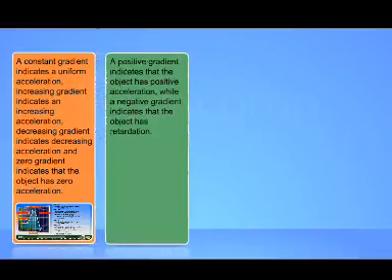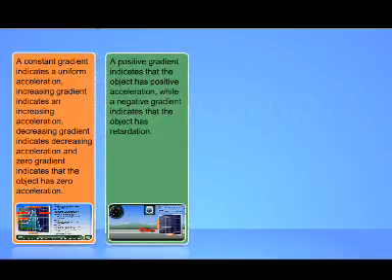A constant gradient indicates a uniform acceleration. Increasing gradient indicates an increasing acceleration. Decreasing gradient indicates decreasing acceleration, and zero gradient indicates that the object has zero acceleration. A positive gradient indicates that the object has positive acceleration, while a negative gradient indicates that the object has retardation.